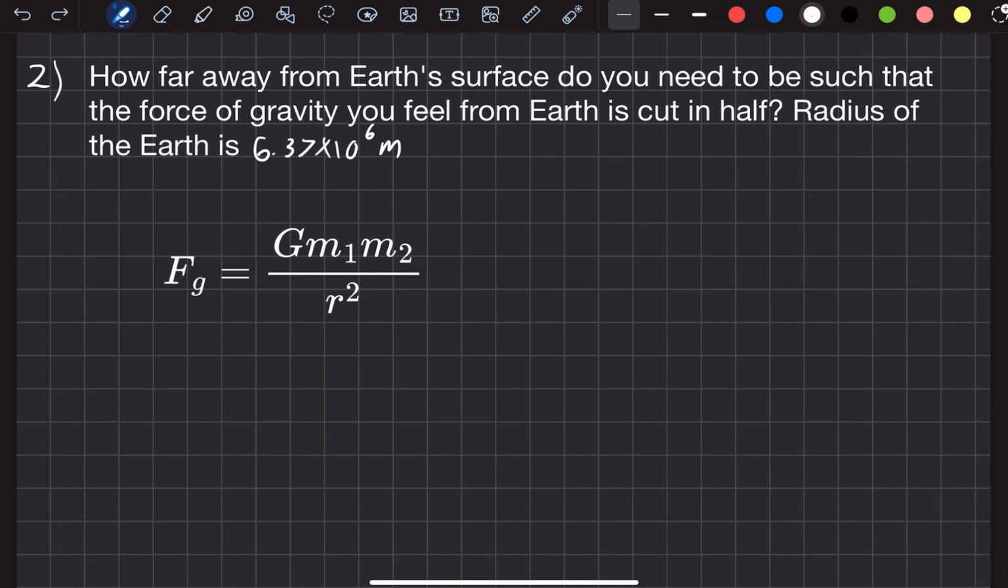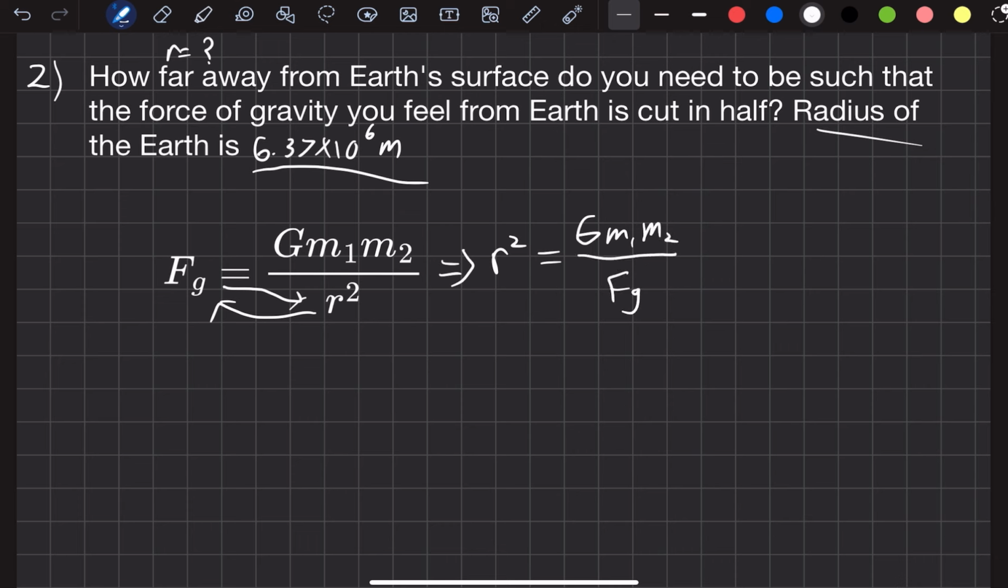For this problem, you have a question asking, how far away from Earth's surface do you need to be such that the force of gravity you feel from the Earth is cut in half? One key thing to realize is that we're not solving for the force of gravity, we're looking for R. So we're first going to rearrange this equation and solve for R. We can swap the places of R squared and the force of gravity, so we get R squared is equal to big G m1 m2 over the force of gravity.